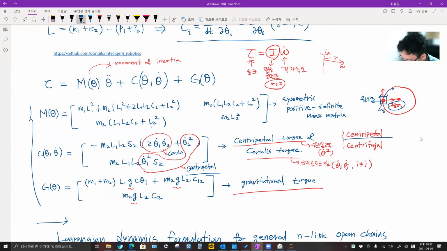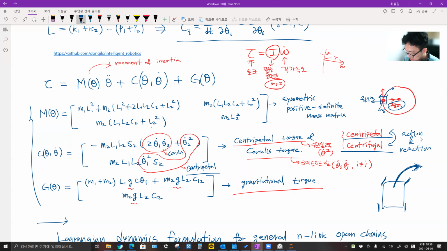So these are related as action and reaction. If there is a car, and this car is turning this way, in this case the car should exert this kind of acceleration to go this way.